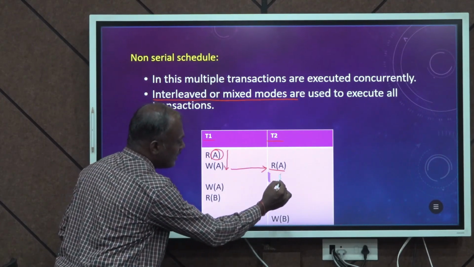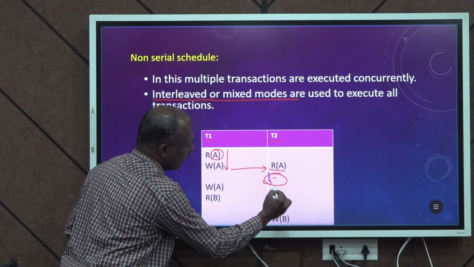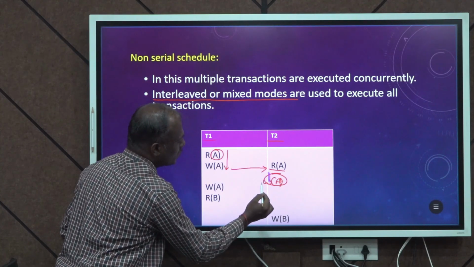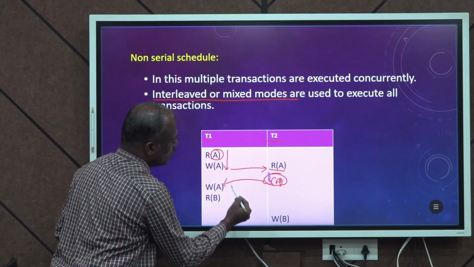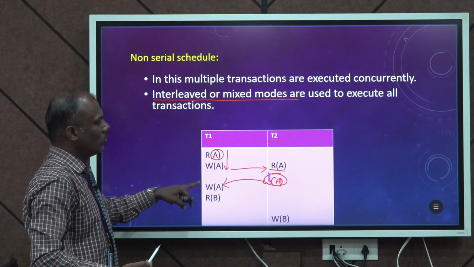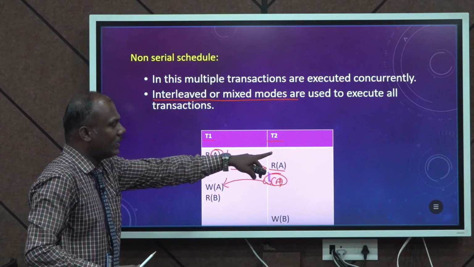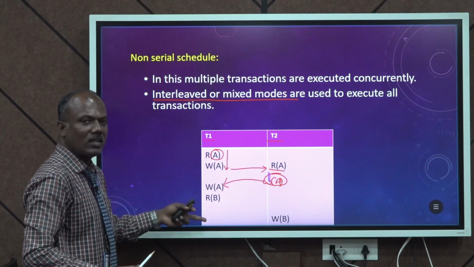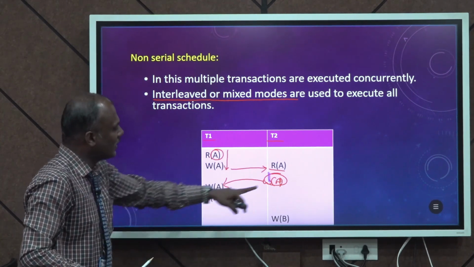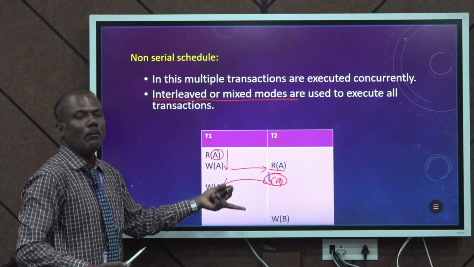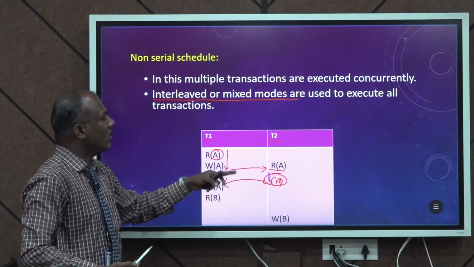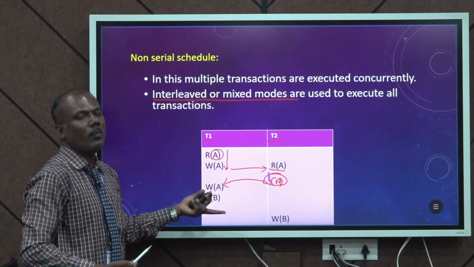So that operation is interleaved. Write of A is interleaved here and passes to the transaction T1. So control is switched over from T2 to T1. That is called the interleaved manner because the operation is not fully completed. So that is called interleaved or mixed mode of operations.